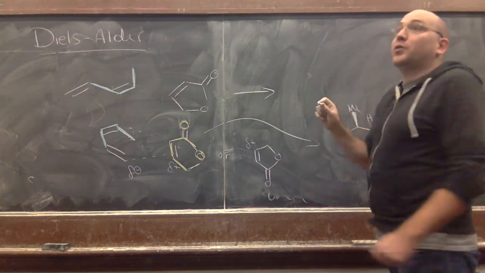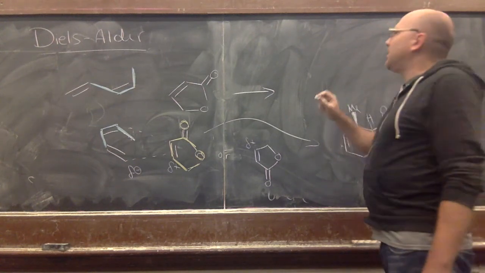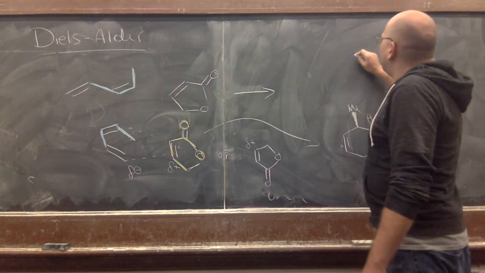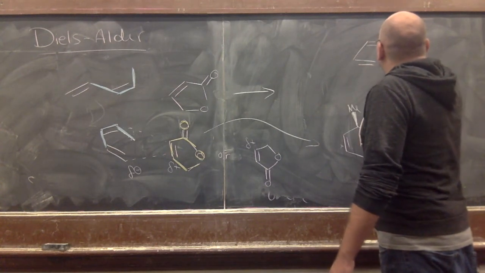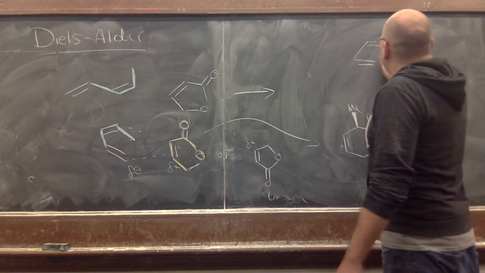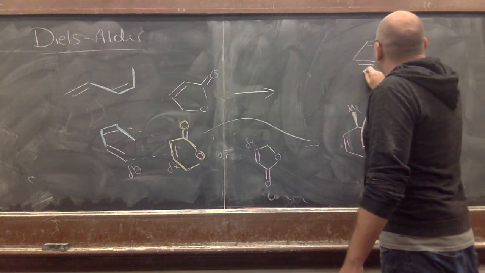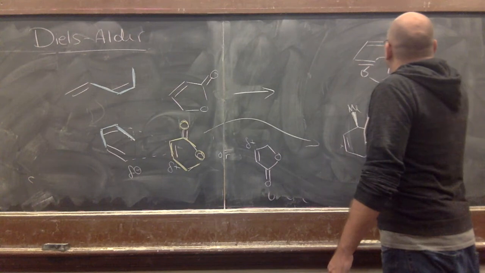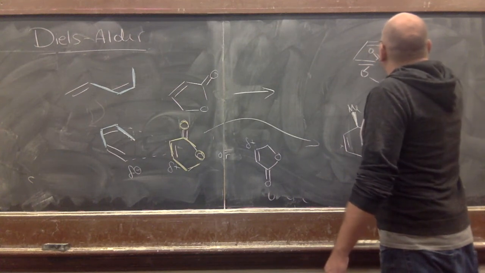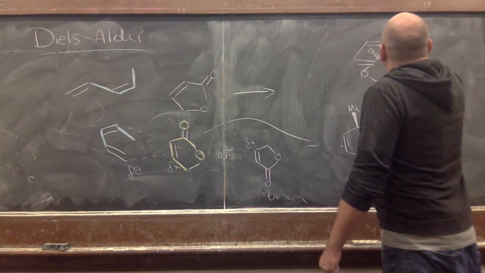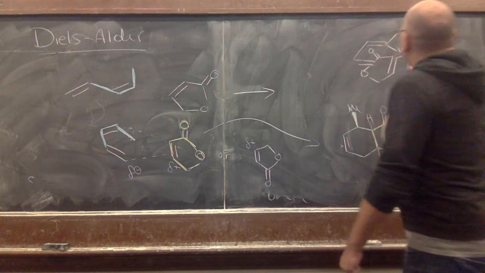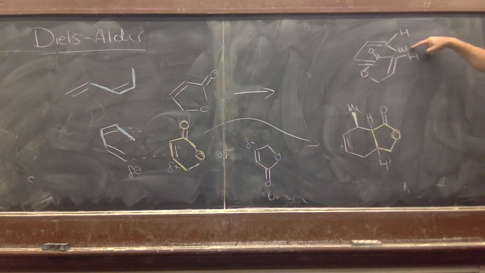So, hold on, because we want to see if, are we out of time? I think we're out of time. Which way am I going with this? Going this way, right? What's on the same side, the methyl group and the proton?